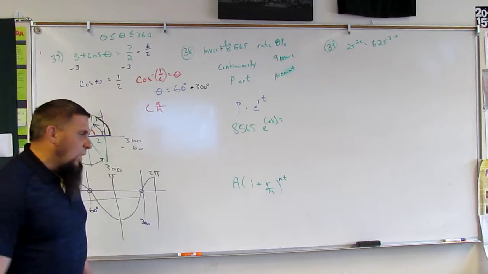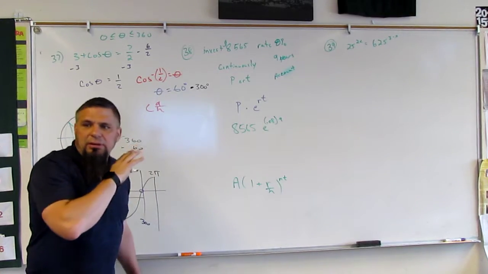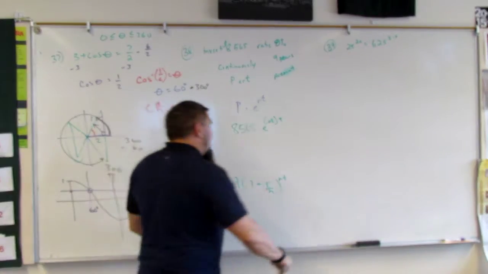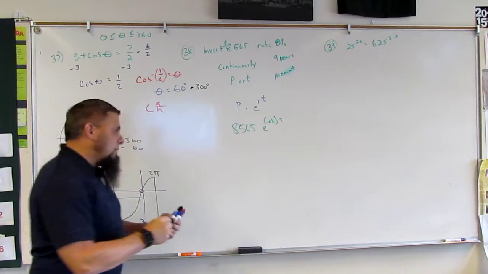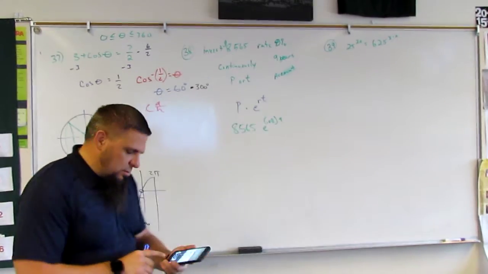So that's a different formula. That's for quarterly or yearly or bi-yearly or stuff like that. This one is continuously. And so, well, that's not too bad. Then we just plug that in our calculator.